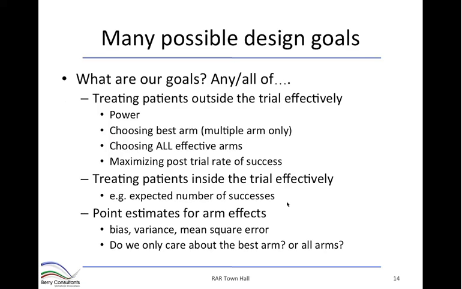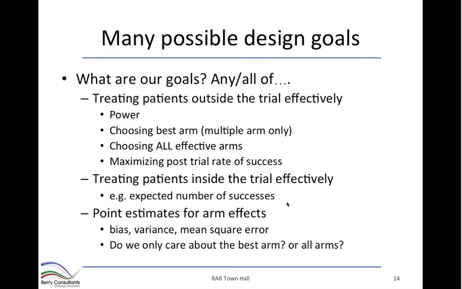One class of goals is treating patients outside the trial effectively. Power is related to that. If we're in a drug approval setting, if we have a good drug and we can't demonstrate sufficient evidence to get a claim of superiority approval, we can't get our drug to anybody outside our trial. So power is important. We want to choose the best arm.